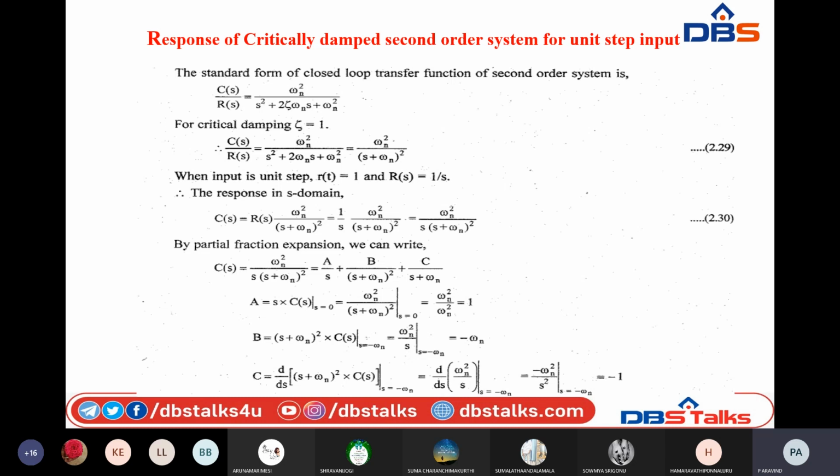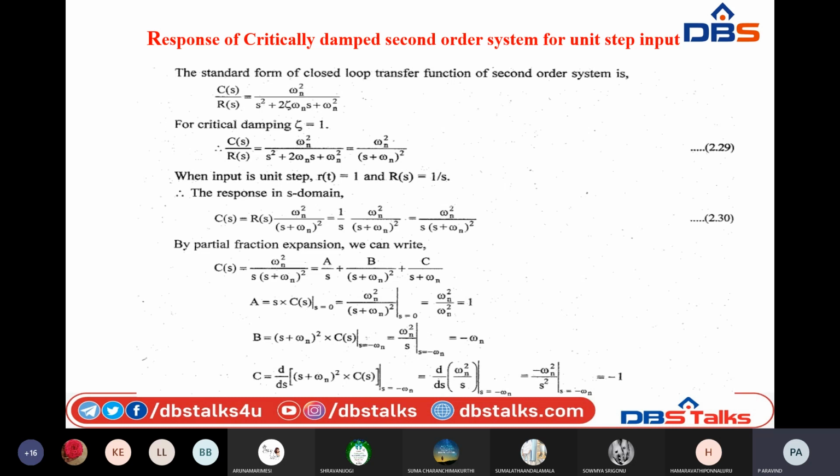That is C of s by R of s equal to omega n square by s square plus 2 zeta omega n s plus omega n square. That is the standard form of closed loop transfer function. Here for critically damped second order system, the zeta value is equal to 1.